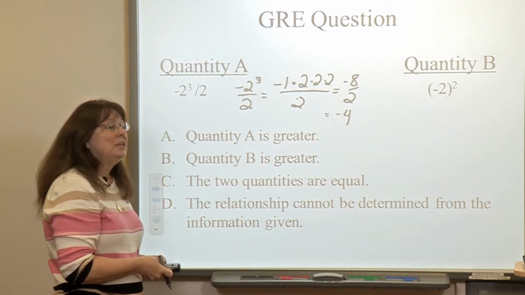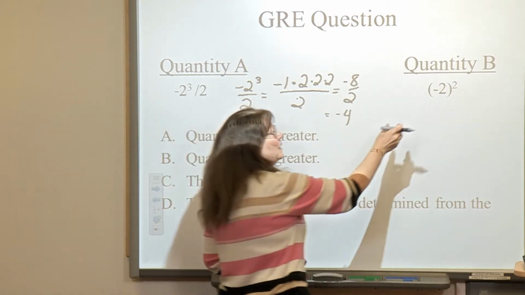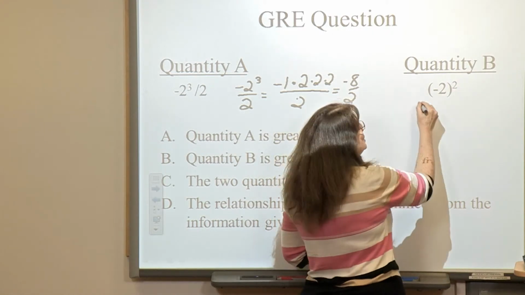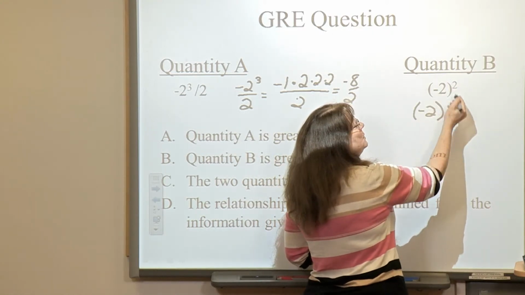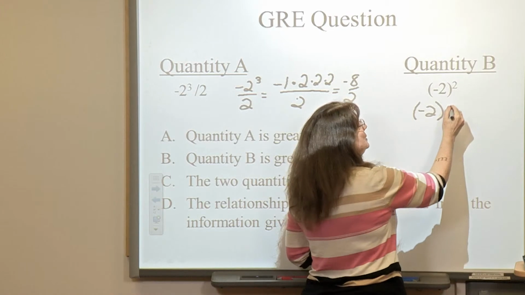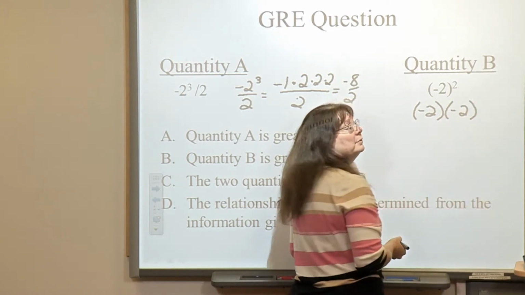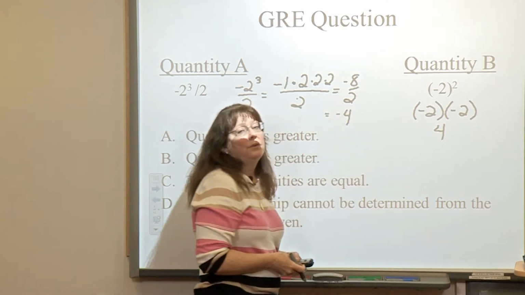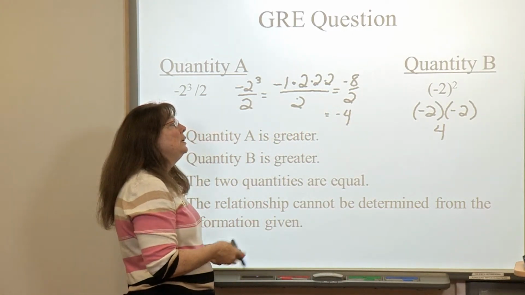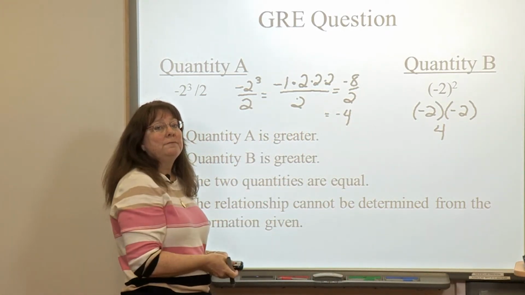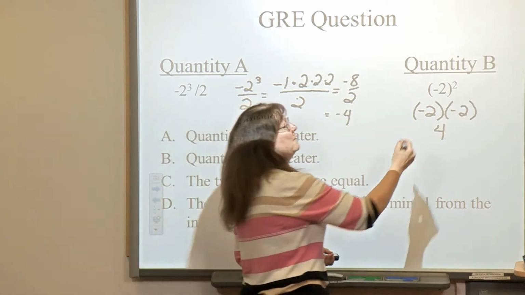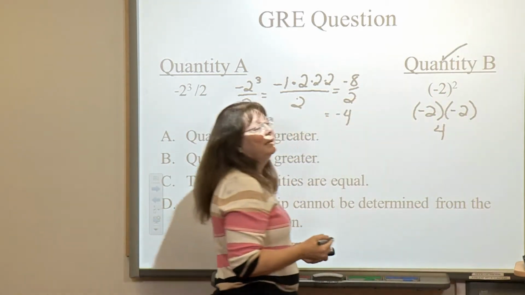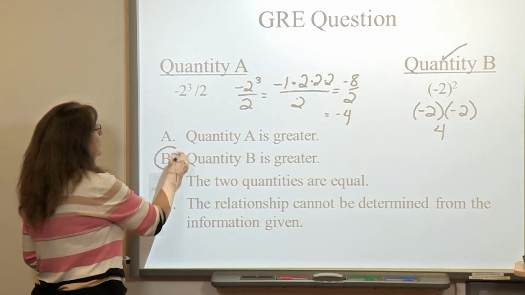I want to compare that to the other quantity, which is negative 2 being squared. So I'm taking the entire group, because that exponent is on the parentheses, and multiplying it with itself. Negative 2 times negative 2 gives me a positive value. So for this one, I'm comparing negative 4 and positive 4. Positive 4 is definitely going to be bigger. So for my answer, I'm going to choose quantity B.